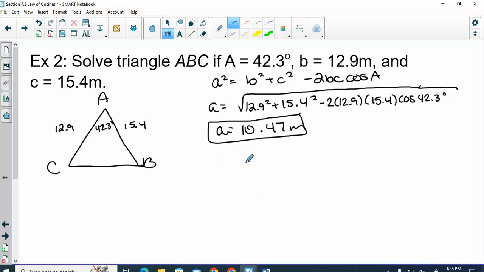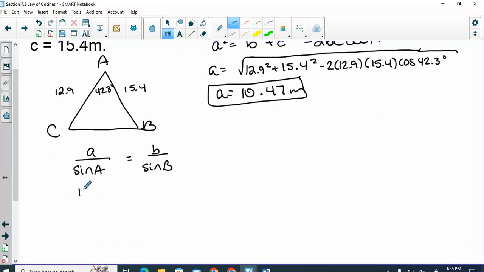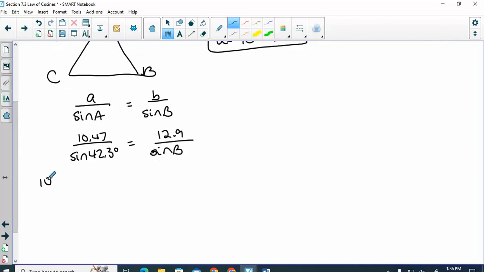So we could do law of sines now. Since we have all the information for A, we would do A over sine A equals B over sine B. So then we have to cross multiply.